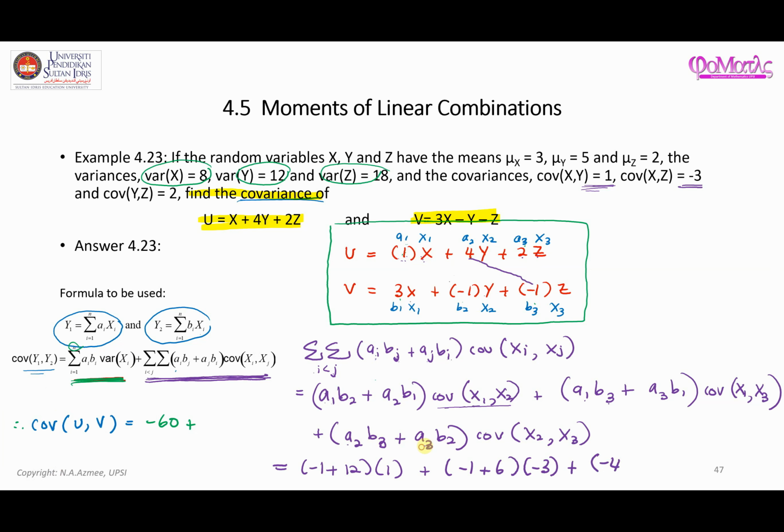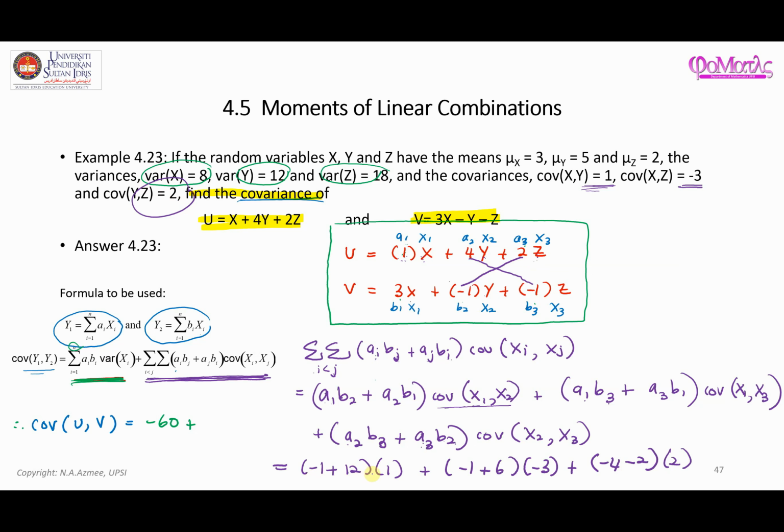And then a3 with b2, a3 multiplied with b2 is negative 2. And you're talking about covariance Y and Z, which is equal to 2.